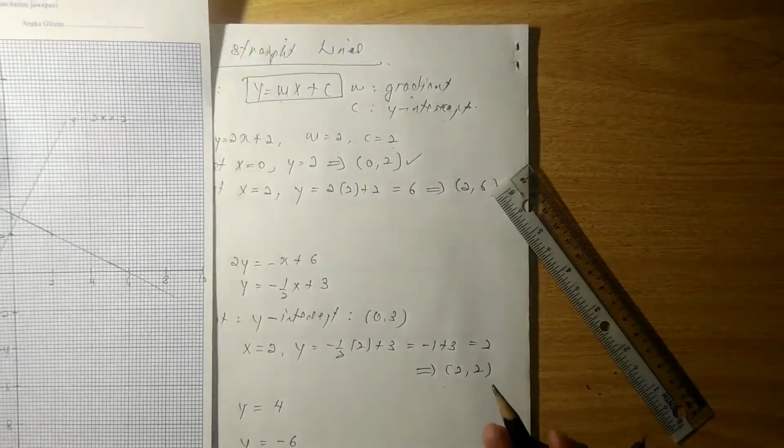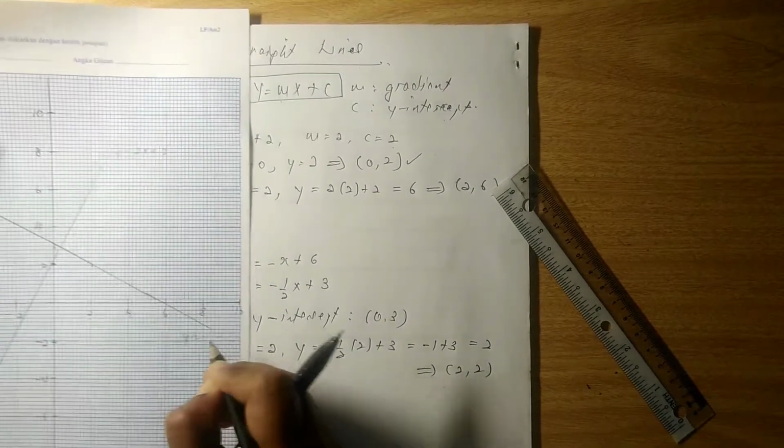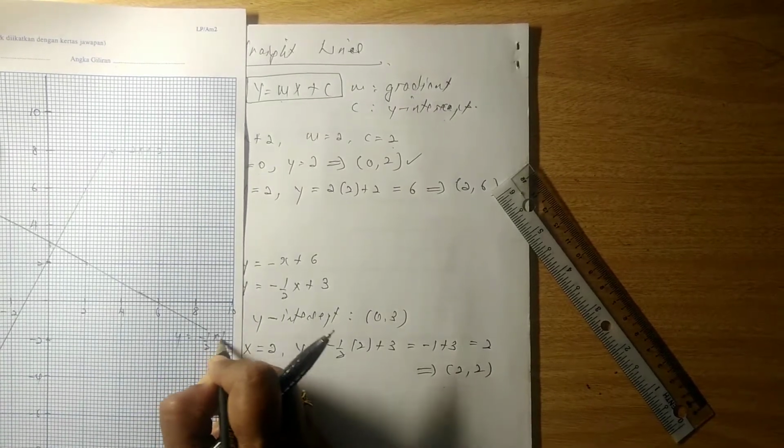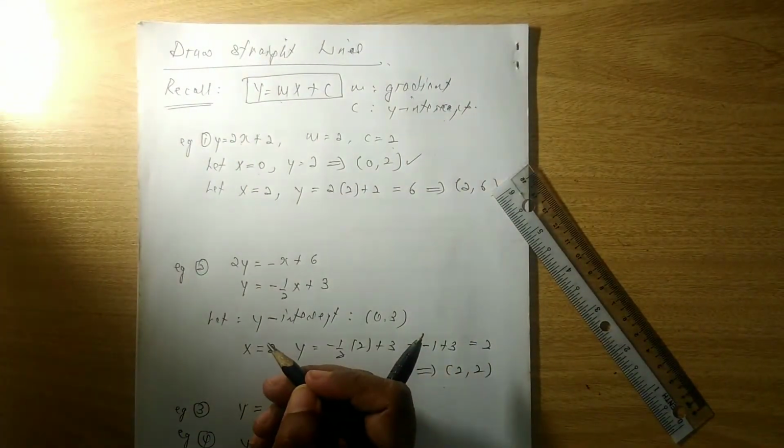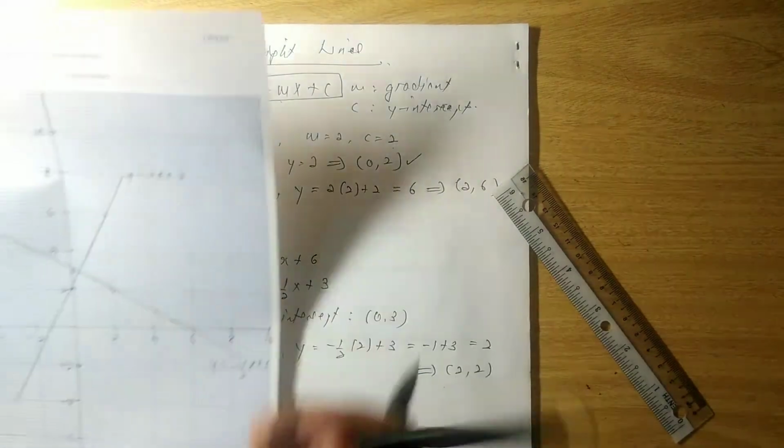So this will be y equals to negative half x plus 3. This is something that you have learned before.